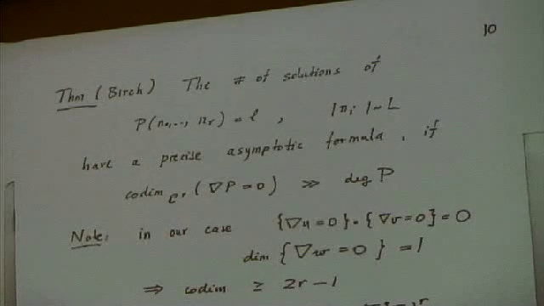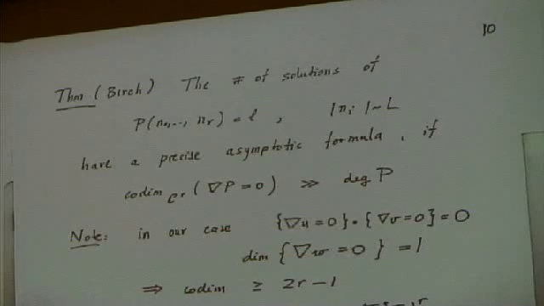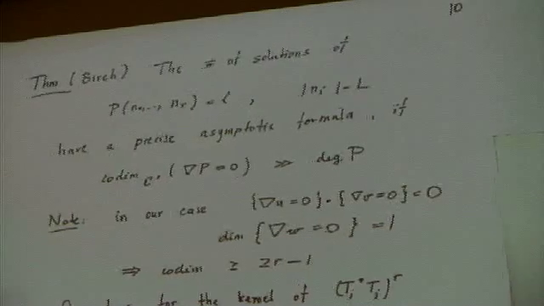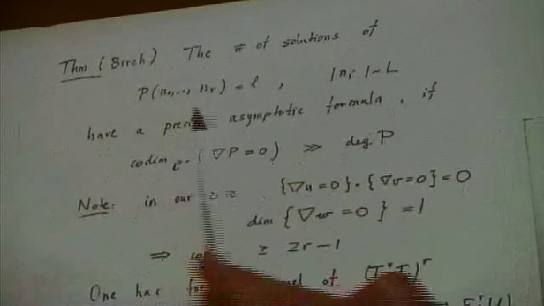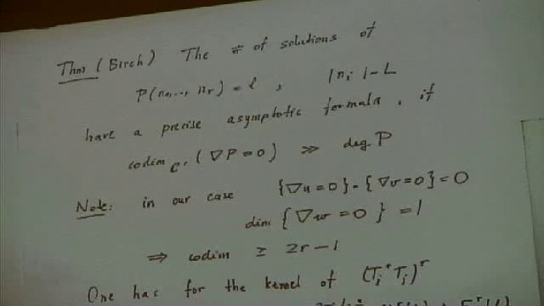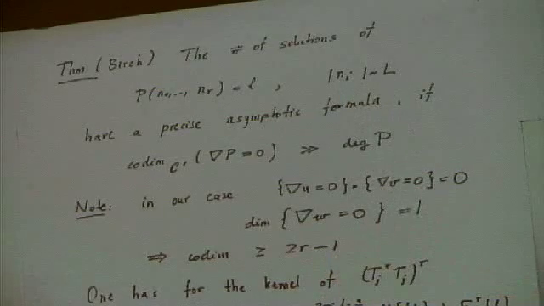If you have a homogeneous polynomial P in R variables, and some fixed number L, and you look at the number of solutions of the Diophantine equation P(n1, ..., nr) equal to L, say you fix the size of each coordinate to be some fixed size L.